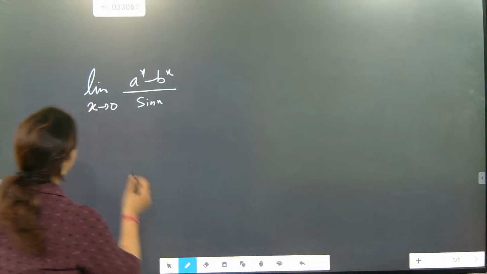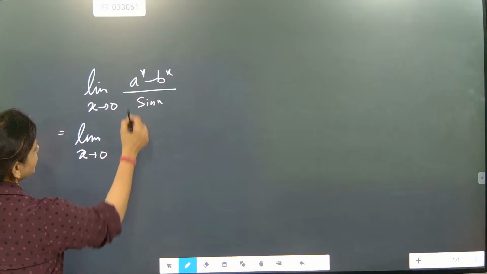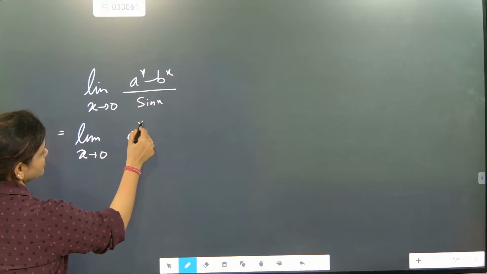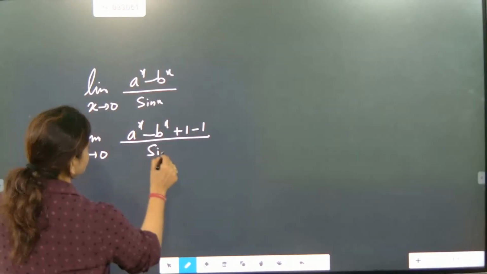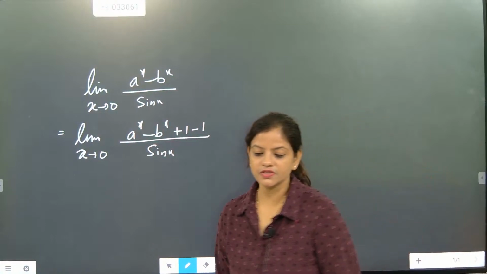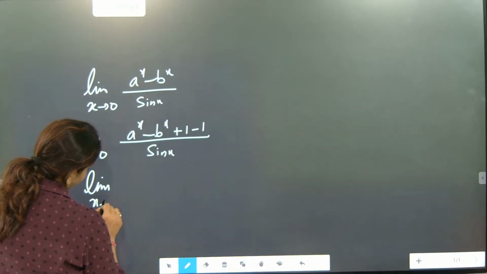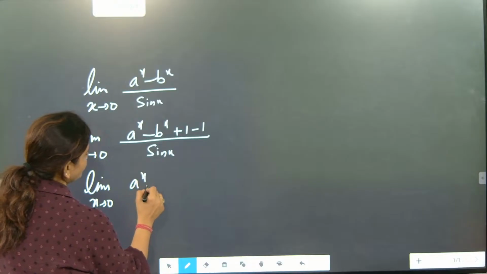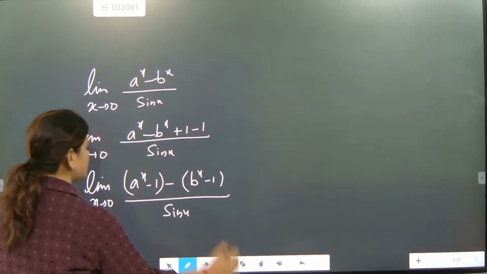Try it now. Here it will become limit x tends to 0. A to the power x will become what? Again, see, one step you need to do: plus 1 minus 1 by sin x. That's it. Once you have written plus 1 minus 1, the sin x part is there: limit x tends to 0, (a to the power x minus 1 minus b to the power x minus 1) by sin x. Done.